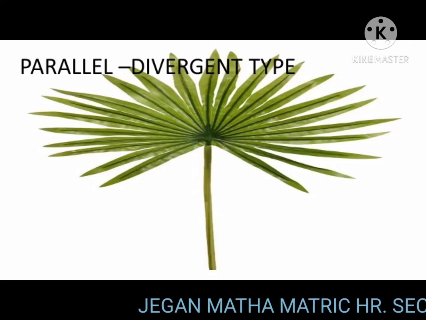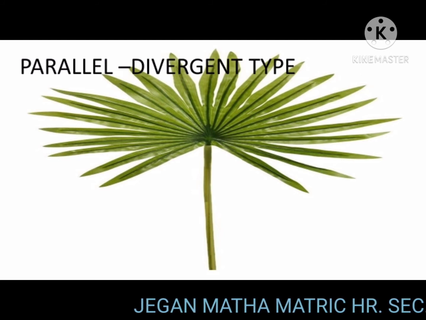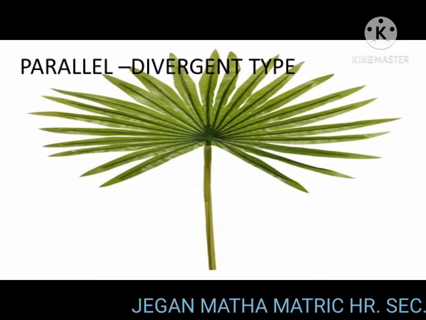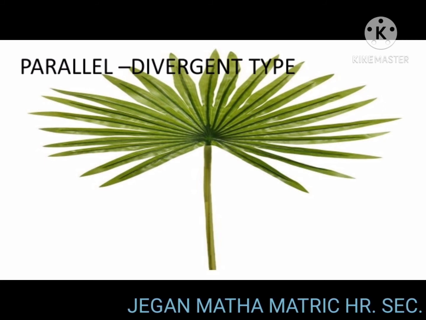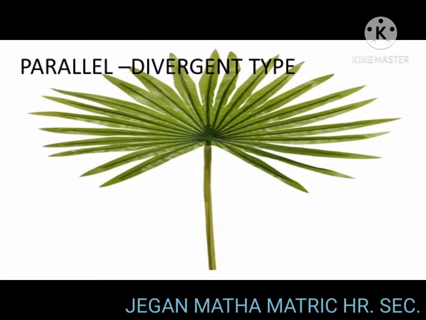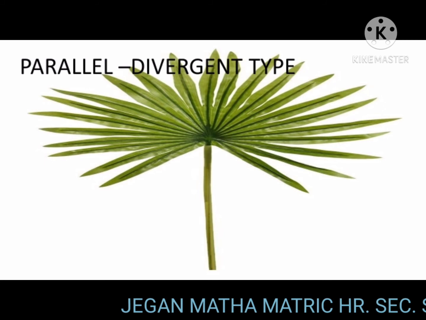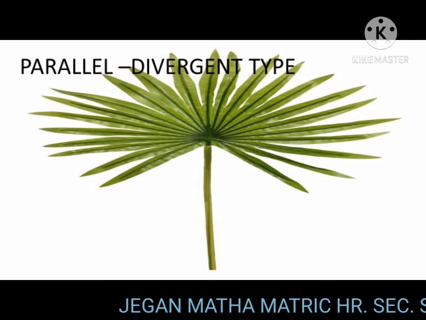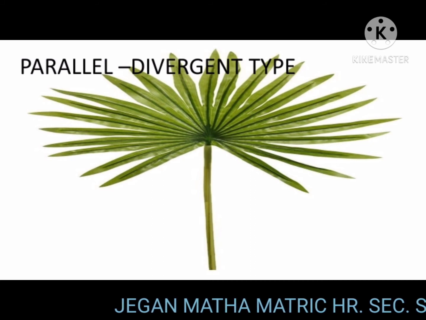Palmate parallel venation. In this type, several veins arise from the tip of the petiole and they all run parallel to each other and unite at the apex. It is of two subtypes: divergent type and convergent type. Divergent type.